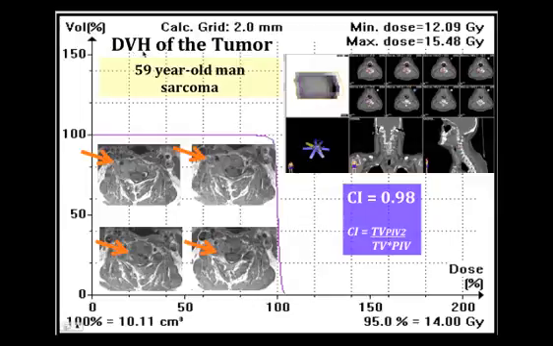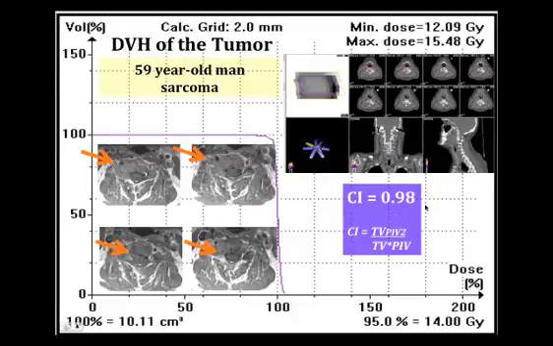As I mentioned before, we know physically what we are delivering to the tumor, and it's a very good DVH, showing that 100% of the tumor is basically covered by the 100% dose. That's the prescription dose. In this case, we treated with 14 gray. So the whole tumor is receiving the prescription dose of radiation. That's what this curve is showing us.